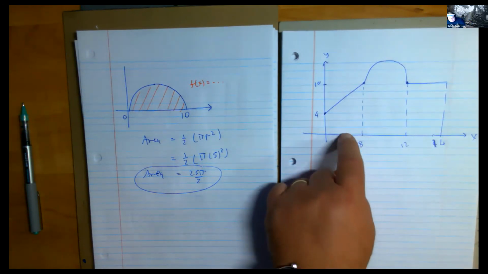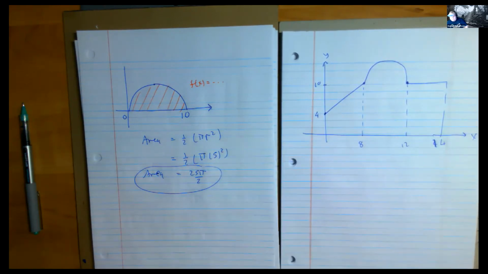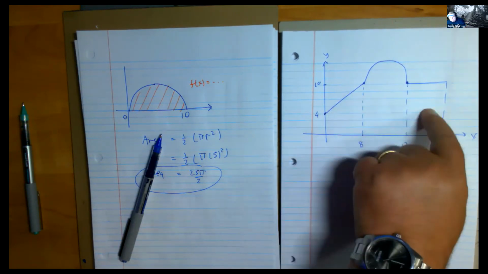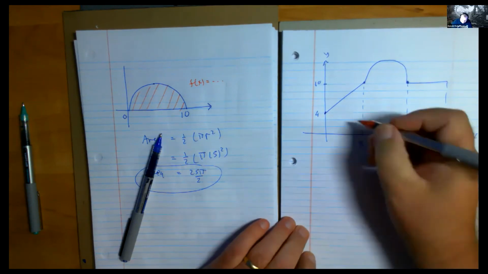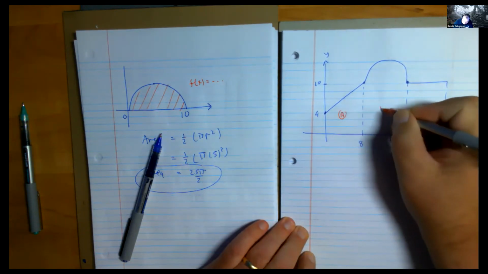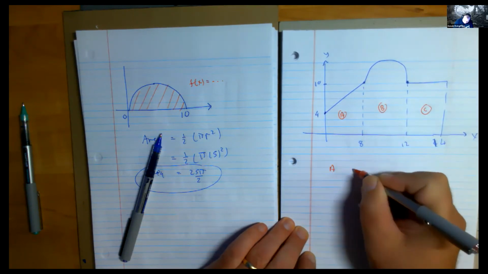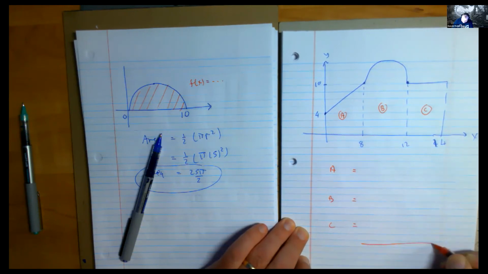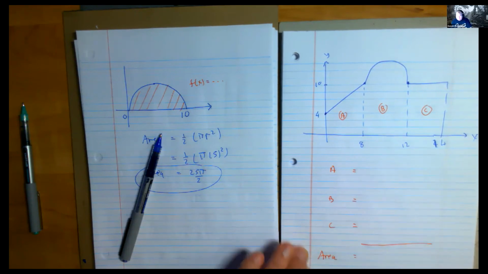So if you were being asked to find the area under this curve, well, I know it's straight lines, but we'll call it a curve. The area under this weird shape, wouldn't you basically just find the area of each piece and add them up? Right, now I'm going to call this piece A, this piece in the middle B, and this piece at the end C. And I'm going to write down what their areas are. And then the whole area is basically what you get when you add them up.